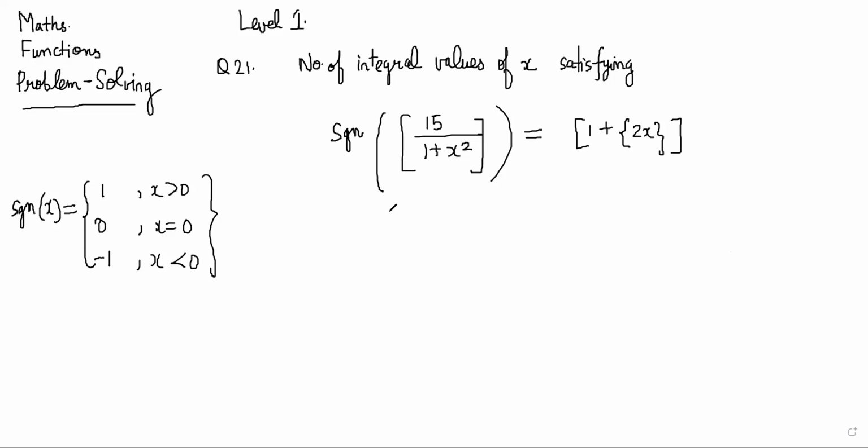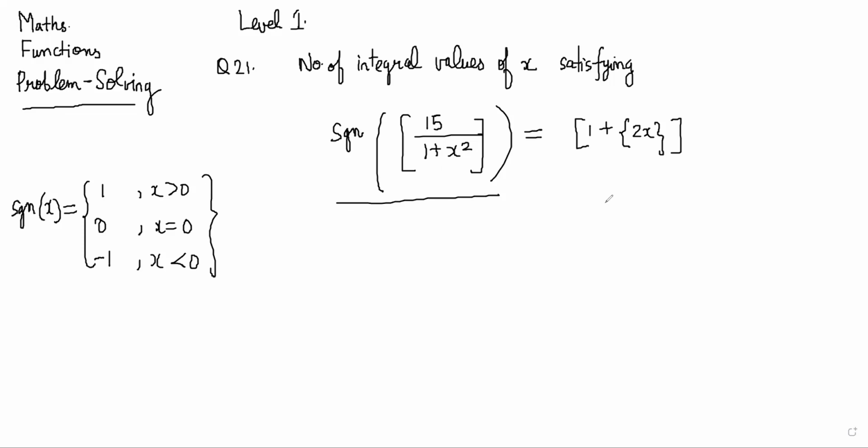The square bracket is a GIF. But the thing is that you have to decide whether this is 0 or 1. You know that 15 by 1 plus x square will always be positive. So all you have to decide is whether it is 0 or some positive thing.